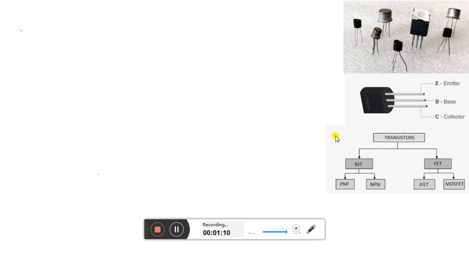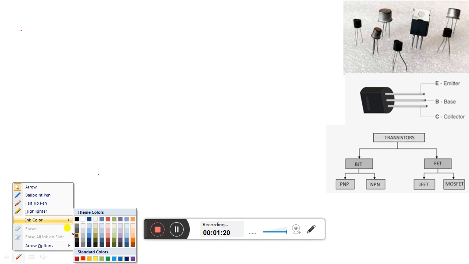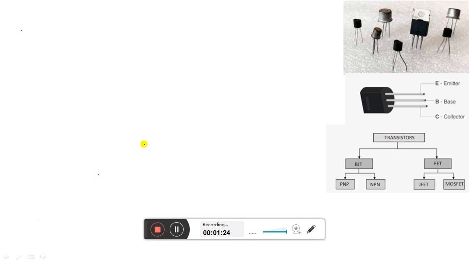Now the first question is, what is a transistor?